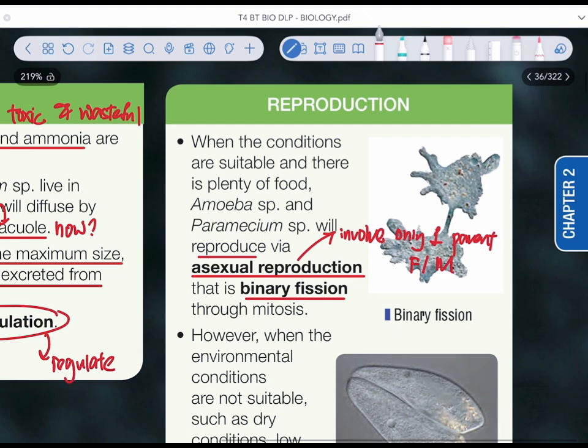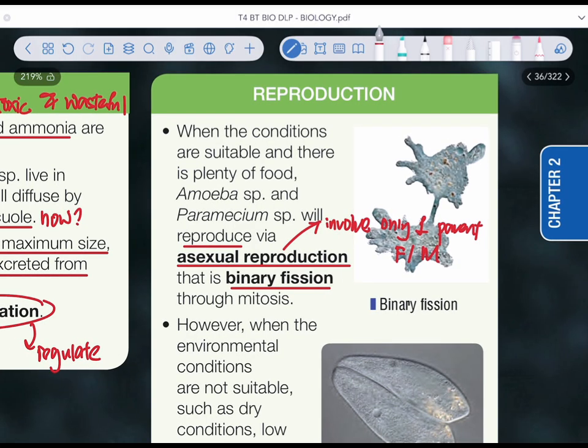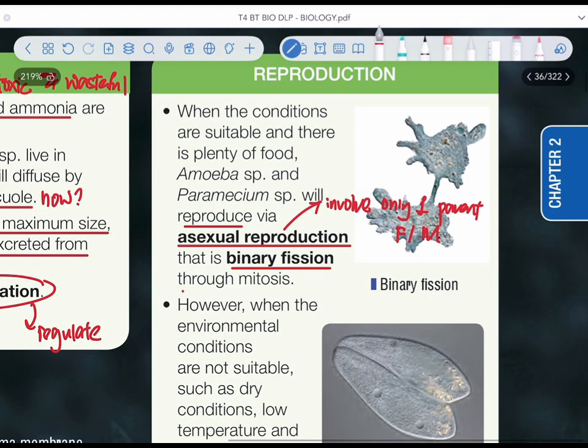Even though in amoeba species and Paramecium species we cannot distinguish which one is father and which one is mother, the meaning is they only involve one parent. It means that even one amoeba can reproduce through mitosis; it does not need a partner. Okay.